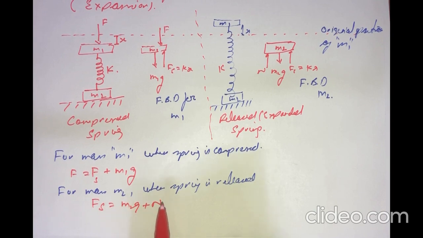Now it states that the lower disk should be lifted off the table. So the lower disk will be lifted off the table when the normal is equal to 0.